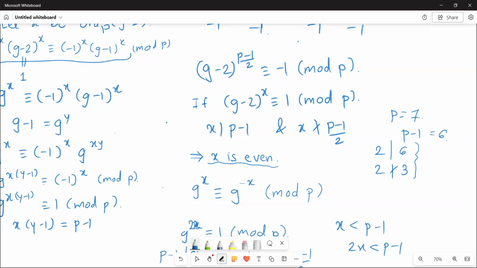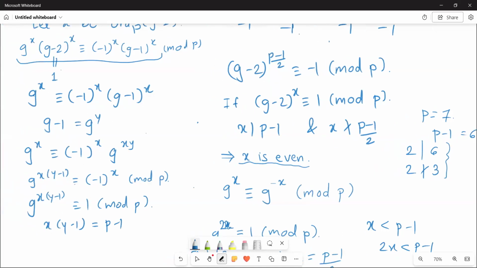Wait, how did we get this? We know this, right? G to the power x is congruent to this.